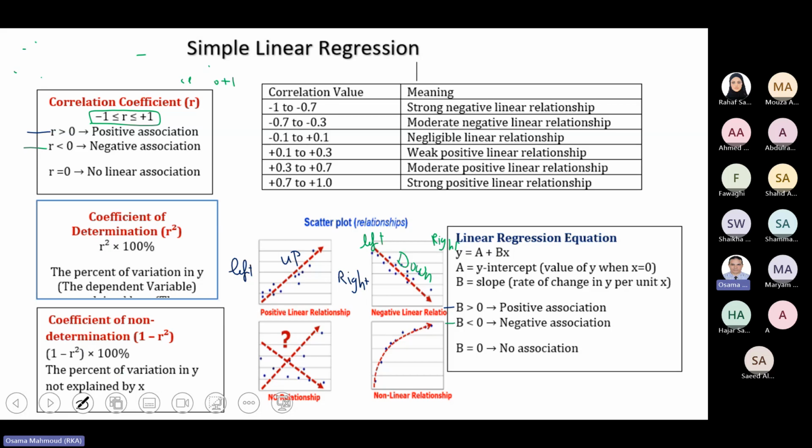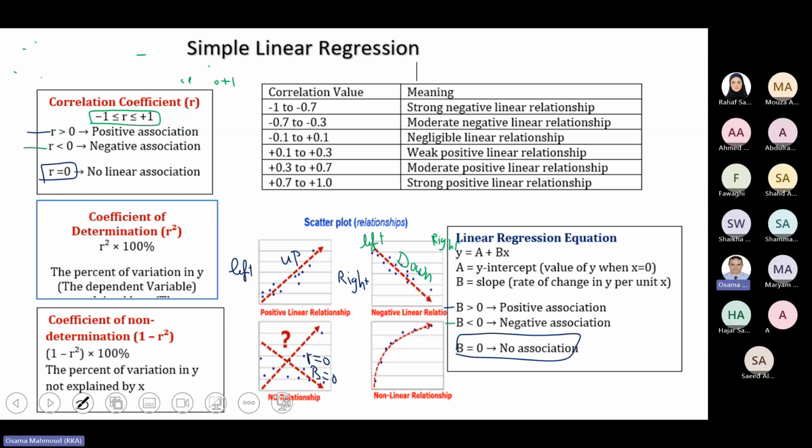Now, we are going to R equal to 0. When you have R is 0, there is no linear relation. Also, the slope will be 0. The scatter plot here is a big mess. You cannot see a line, you cannot see a curve. So here, R is 0 and B is also 0.